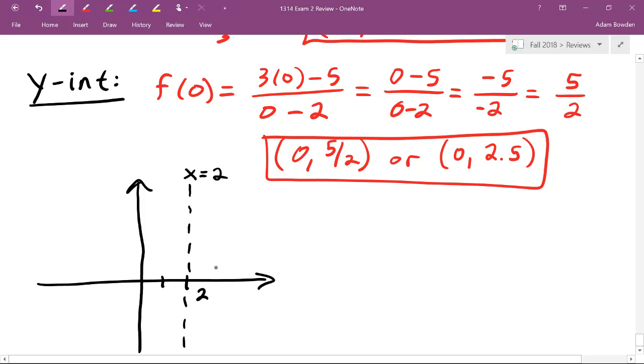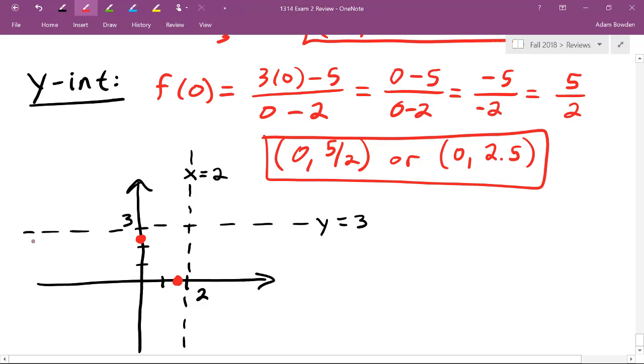Our horizontal asymptote was at positive 3, y equals positive 3. So it looks like this. Alright, and then our intercepts, x-intercept was at 1.7, so it's going to be somewhere right around here. Our y-intercept was 2.5, so it'll have to be somewhere up in here.